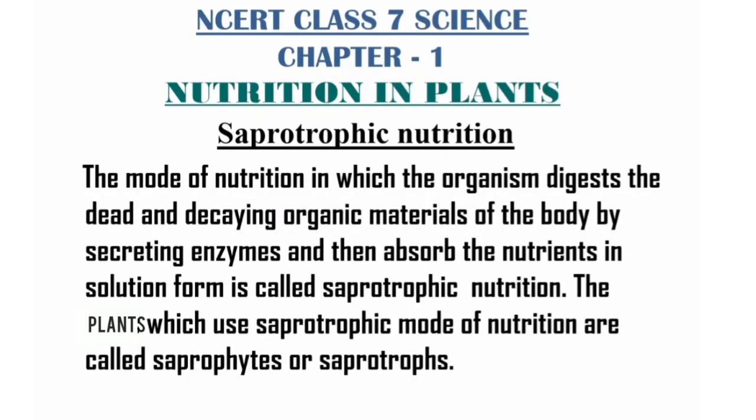Saprotrophic mode of nutrition: the mode of nutrition in which the organism digests the dead and decaying organic materials by secreting enzymes and then absorbs the nutrients in the solution form. The plants which use saprotrophic mode of nutrition are called saprophytes or saprotrophs.